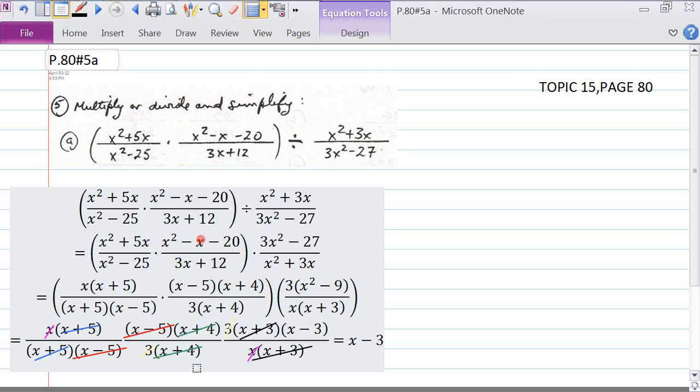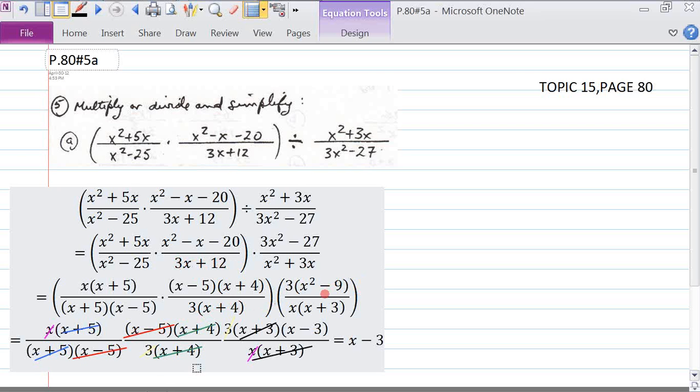They sum to give you minus x. And the minus 5 times the plus 4 gives you the minus 20. This is the difference of squares, x plus 5 times x minus 5. This I'm going to factor as 3 bracket x plus 4. 3 times x gives me 3x, 3 times plus 4 gives me plus 12.